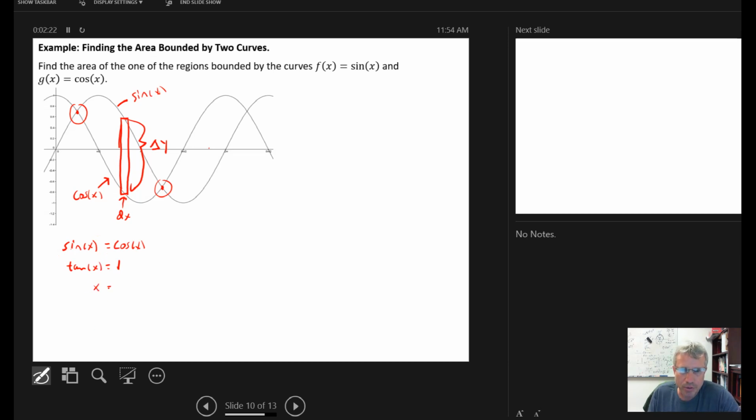So x is really going to equal, there would be infinitely many intersections, so x is really going to equal the arc tangent of 1. We take the inverse tangent of each side, and those solutions are going to repeat themselves every pi times k, where k is an integer. We want to recognize that the inverse tangent function will have solutions that are pi radians apart from each other on the input axis.